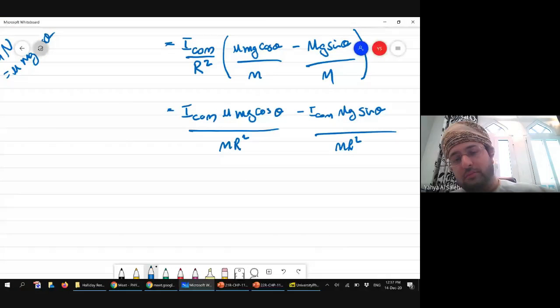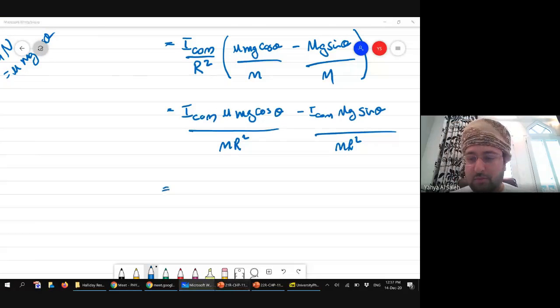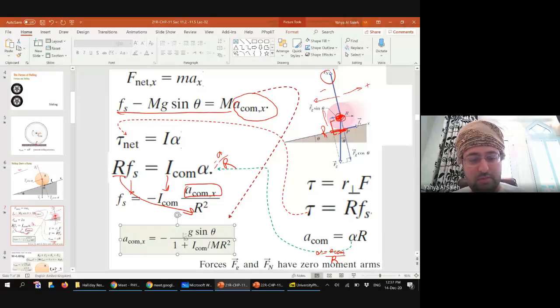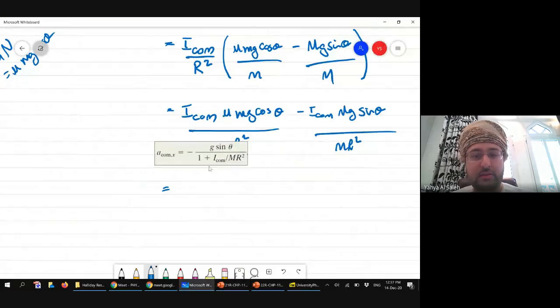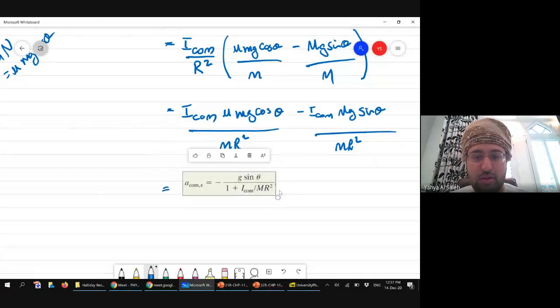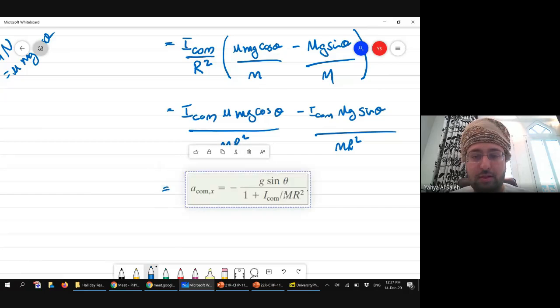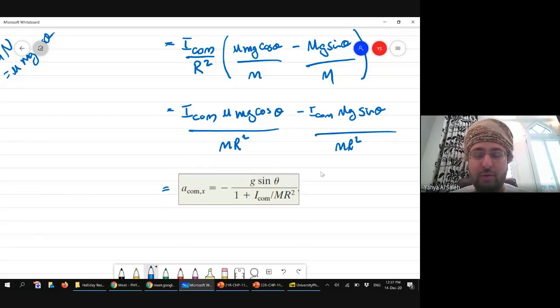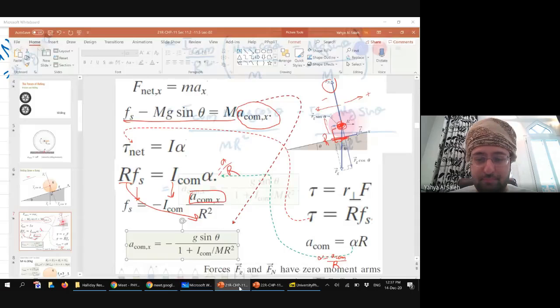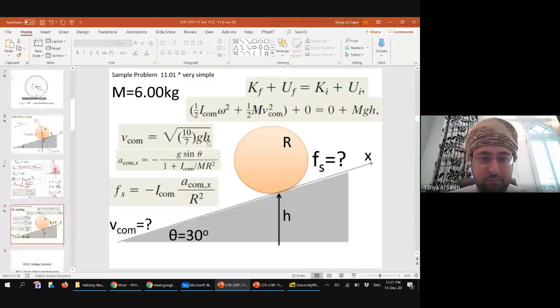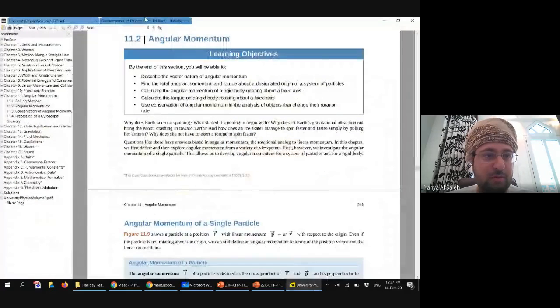And when I simplify it, it will end up somehow like this. I know this is very complicated, so let's do it with numbers for a simpler example, and then we can come back to this. Okay? I'll do a much simpler problem.